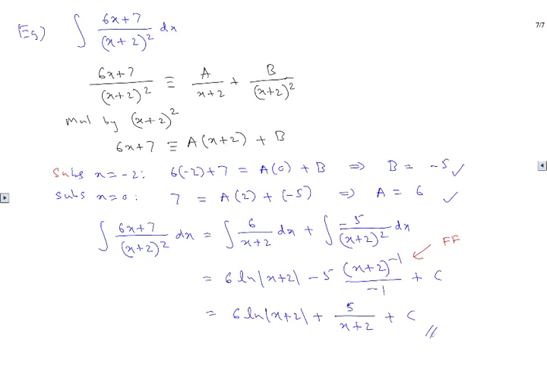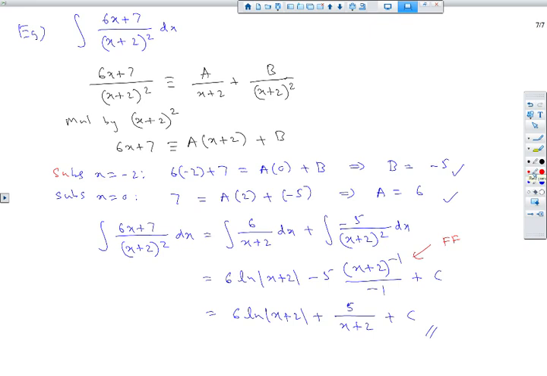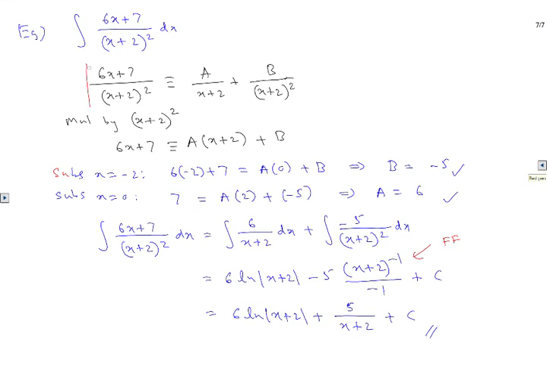So you can see that as a problem, it's not difficult, but the only thing you need to remember is how to write the form. The form has a special format. In the exam, I'm going to give you a question just to write the forms. You only write the form, you are not going to find a, b, c. That's important.